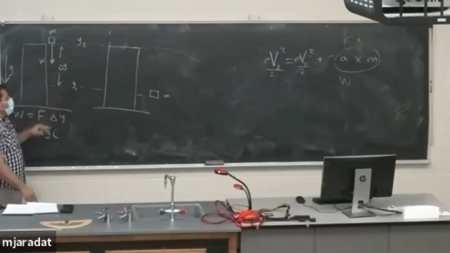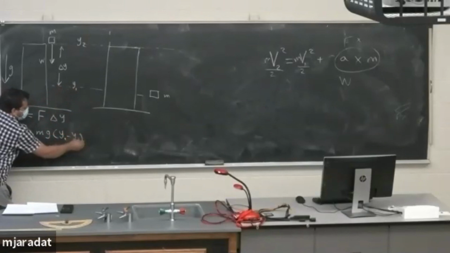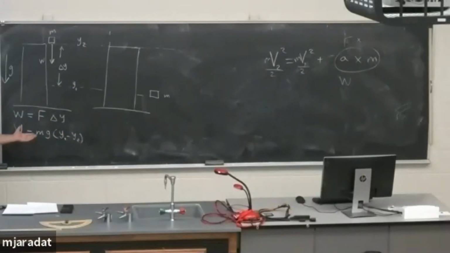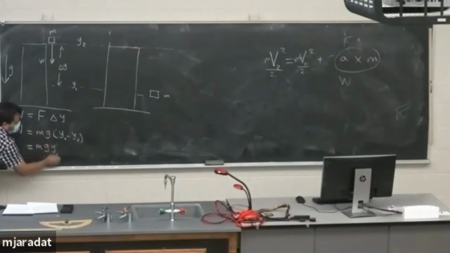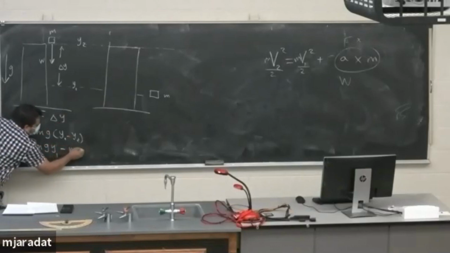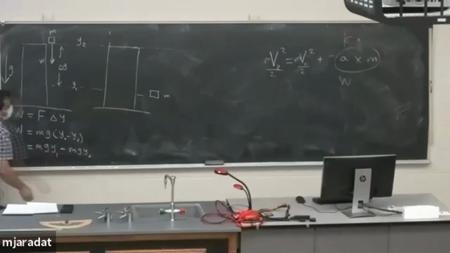Y final is y1 minus y2. This is the work. We can write it as two terms, which is equal to mg y1 minus mg y2. We know how to do that.